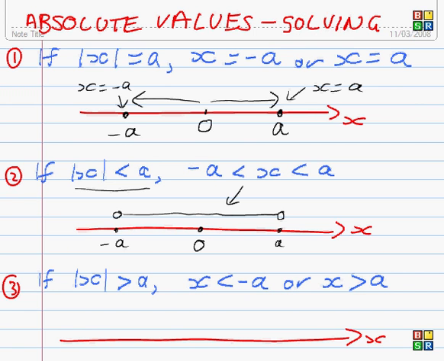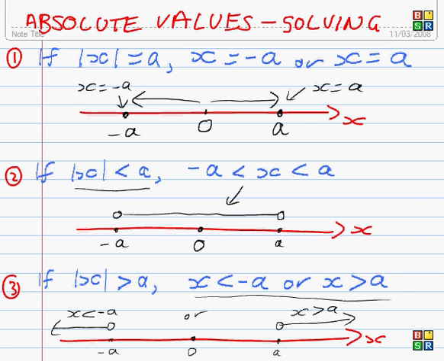If absolute value of x is distance from origin, so here's the origin, and you are greater than a distance of a away from the origin, then you must either be here or you must be here. You must be at x is less than minus a, or x is greater than plus a. And that's where this formula comes from. Now, let me show you how to solve these formulas for a real example on the next page.